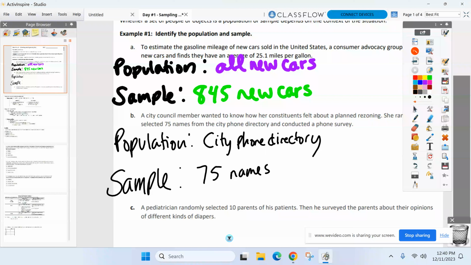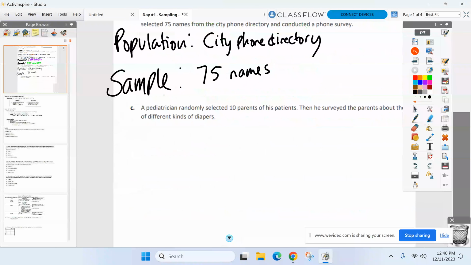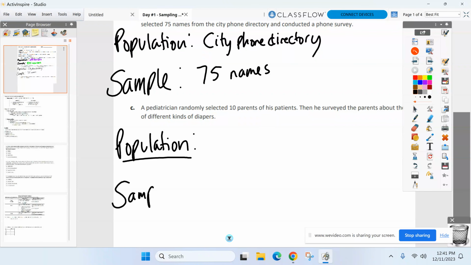See if you can do C on your own now. What do you got?